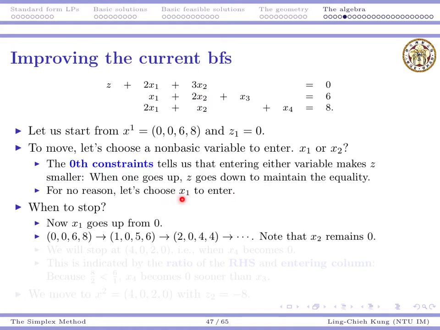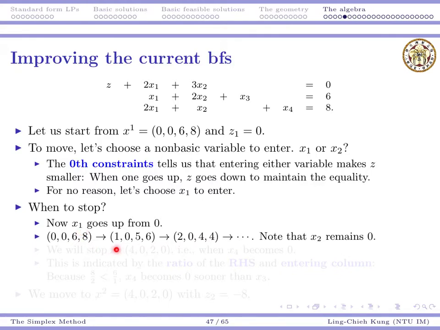So now, with this in mind, we need to know when we should stop. And as we mentioned, we stop when one basic variable becomes 0. x1 now goes up from 0: 0, 1, 2, and so on. When x1 is 0, the solution is 0, 0, 6, 8.